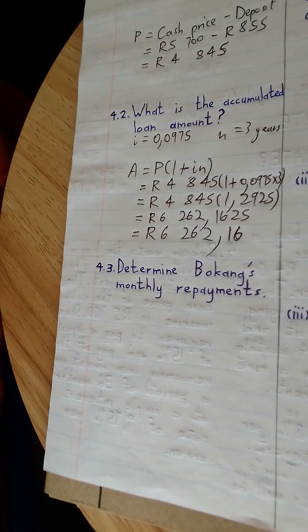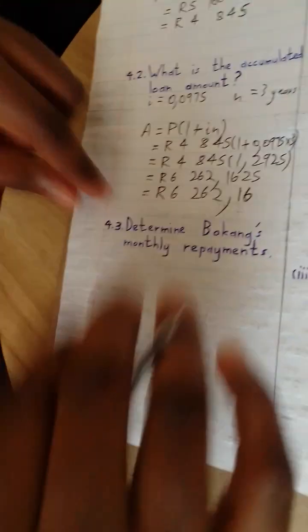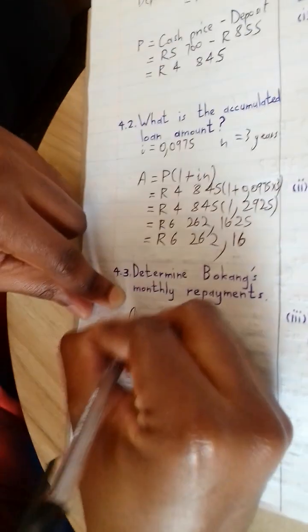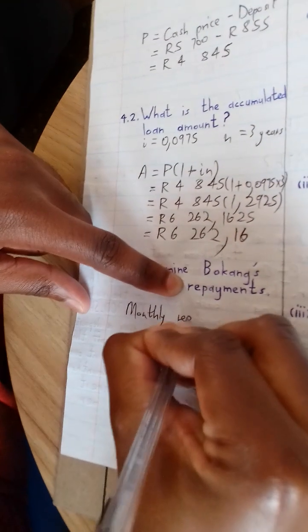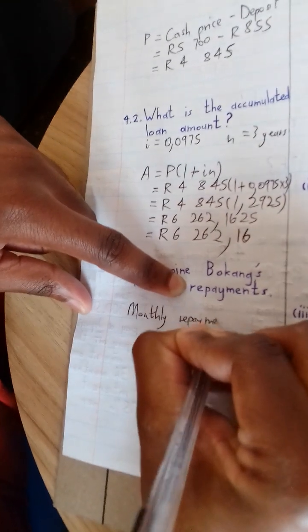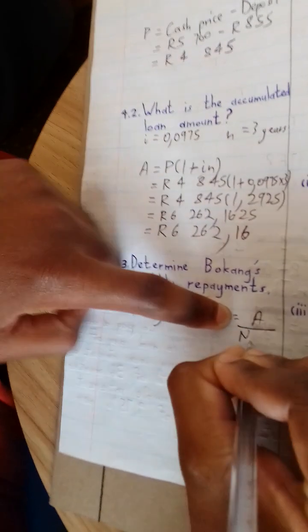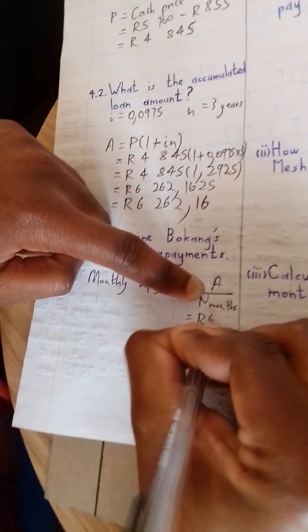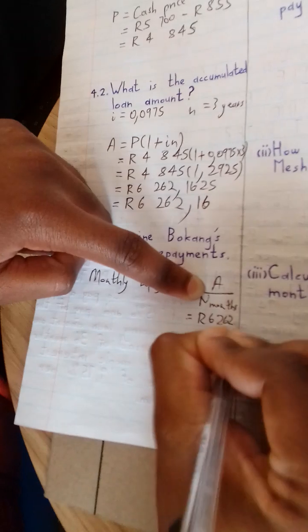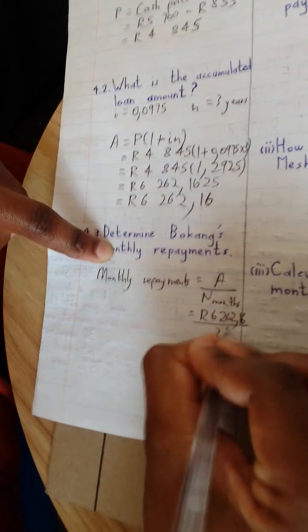4.3 states, determine Bokang's monthly repayment. So, A over the number of months. That is 6,262 and 16 cents over the number of months, which is 36.